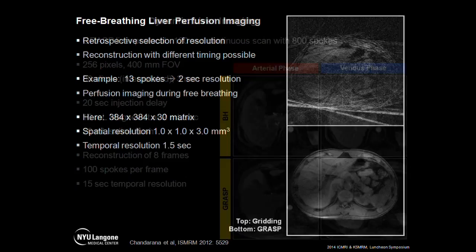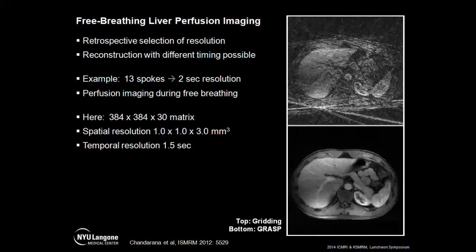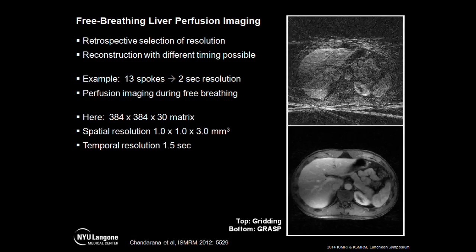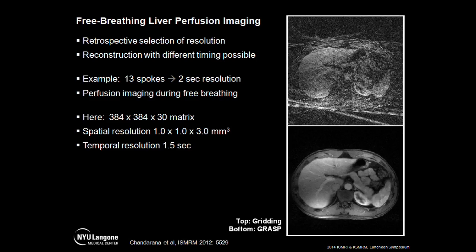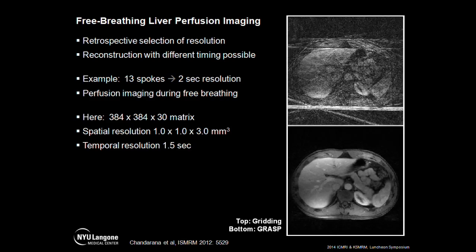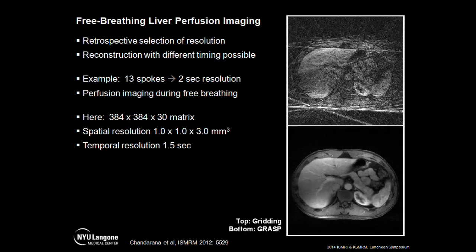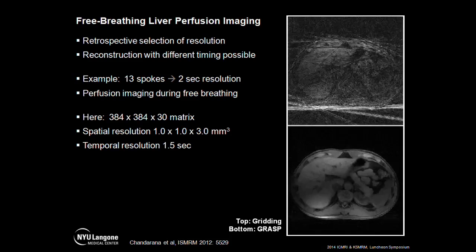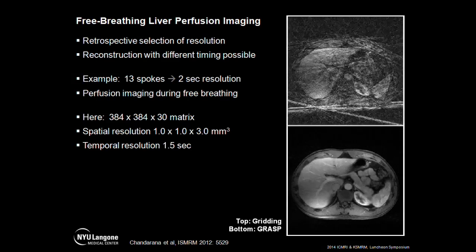But what's really interesting about GRASP is that we can take the same data and reconstruct it at a different temporal resolution, because we can select the temporal resolution arbitrarily. If we combine only 13 spokes per frame into a single image, we get a temporal resolution of only 2 seconds per frame. That means we get perfusion information from the same data set.